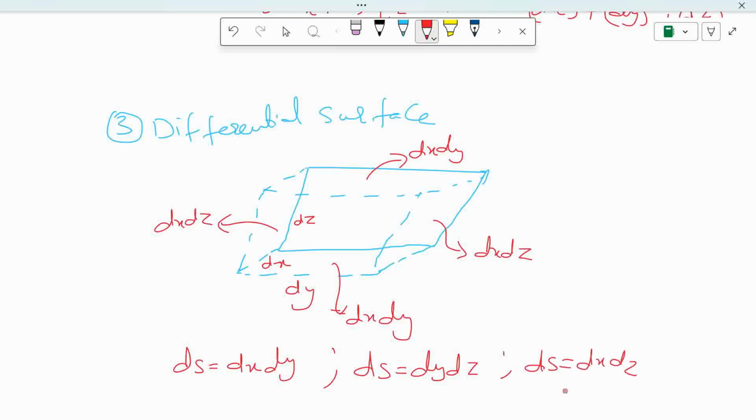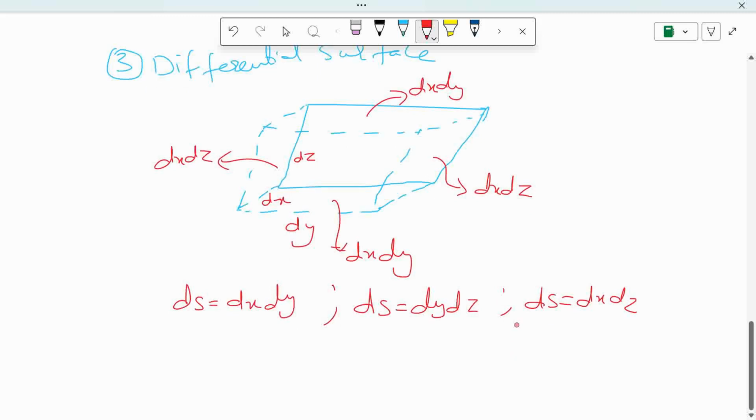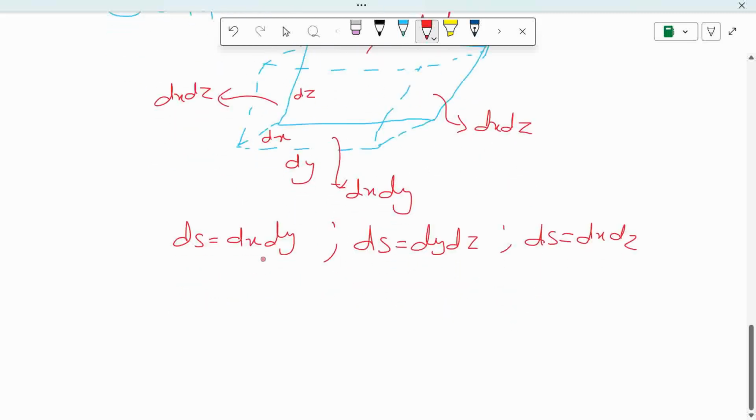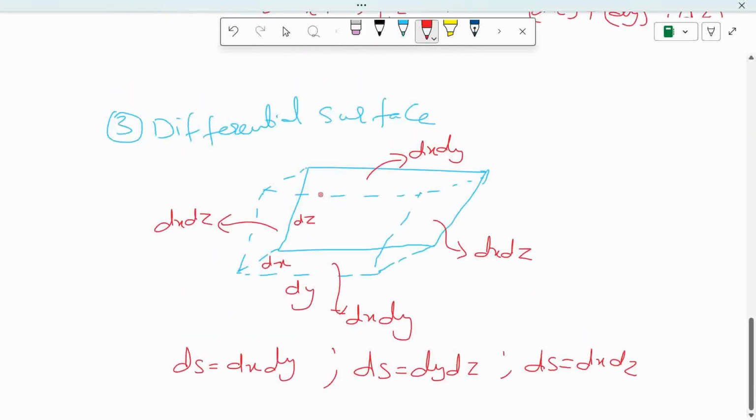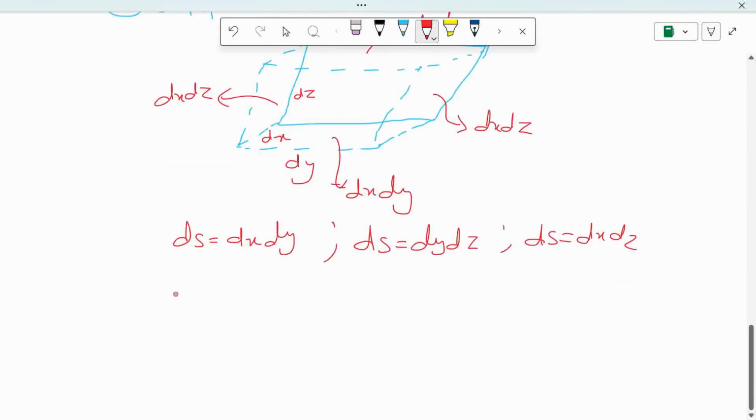Now the direction is always perpendicular to the plane of that surface. So if we consider the xy plane, then the perpendicular direction is z. So basically these are magnitudes.